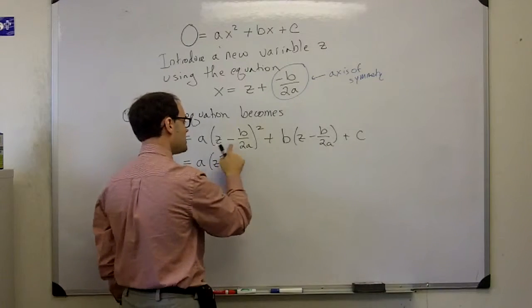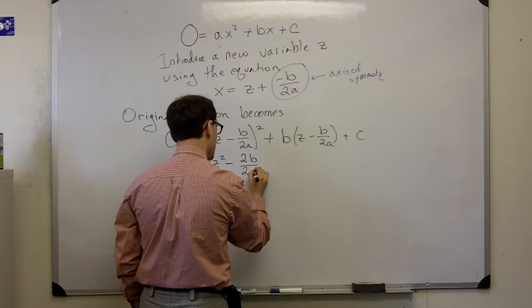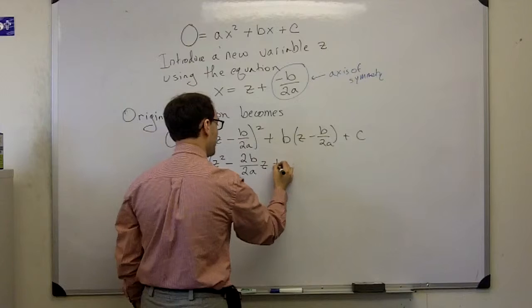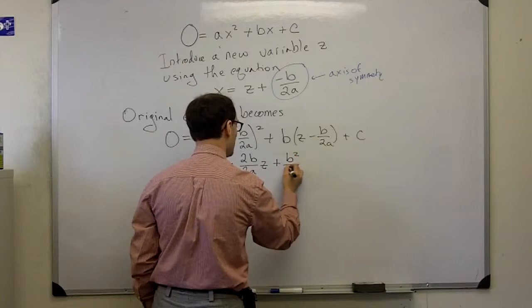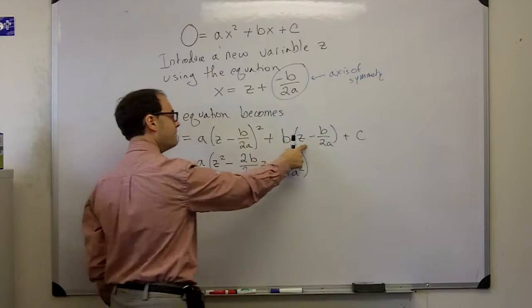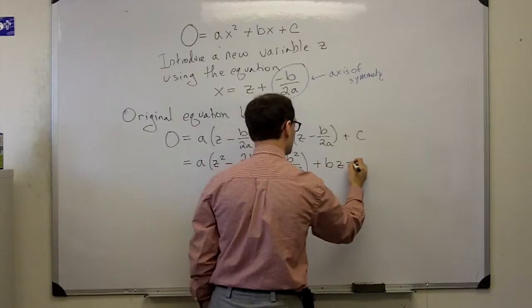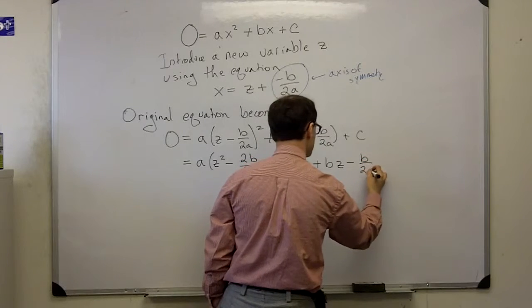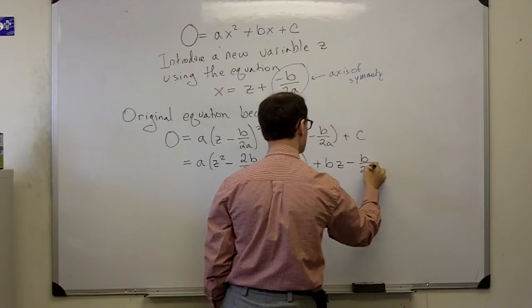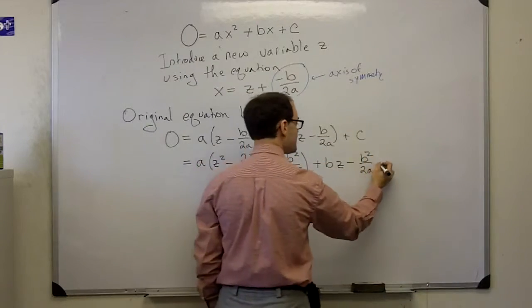So I should get a z squared minus 2b over 2a z plus b squared over 4a squared. So I foiled this one. This one here I'm going to distribute the b through. I've got two b's over 2a.